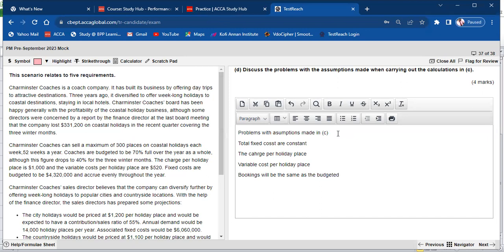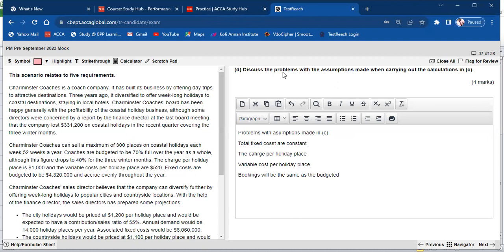I'll explain that when I come down. It's also a limitation. Now, one big problem, people lose all 4 marks because they just go to the exam and say to the marking team, the limitations of CVP analysis are blah, blah, blah, and they walk away. You don't get the marks.